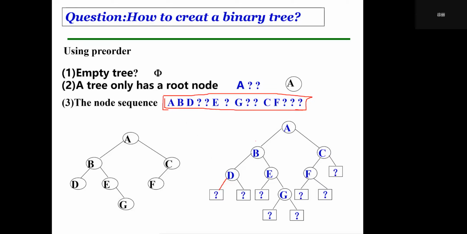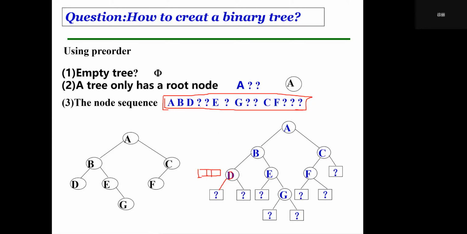Because when you want to create this binary tree, if you want to create the binary tree with root D, you ask for memory for D, and then you call the function itself, create binary tree.